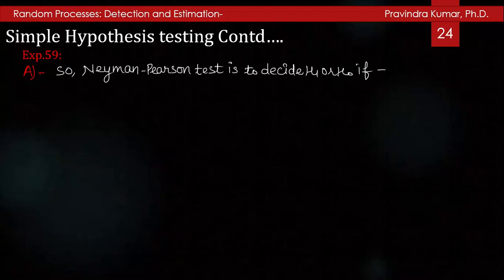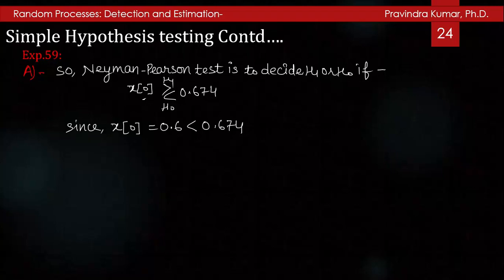So the NP test decides H1 or H0 if the observed sample is greater than or less than 0.674. That means if the sample has a value greater than 0.674 we will decide H1, and if it has a value less than 0.674 we will decide H0.